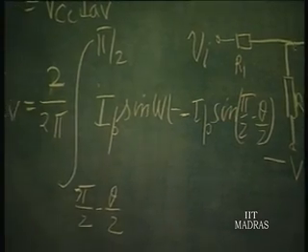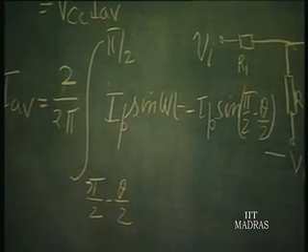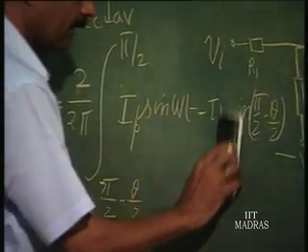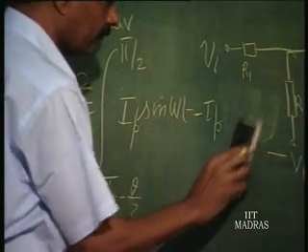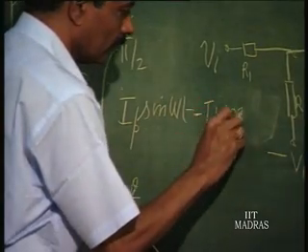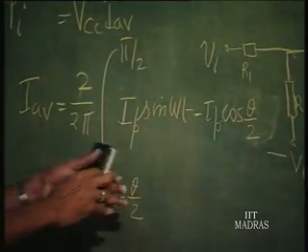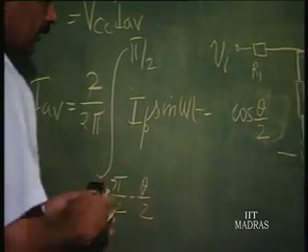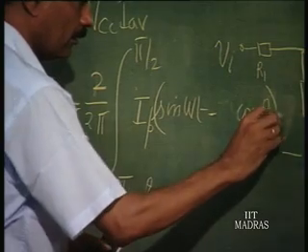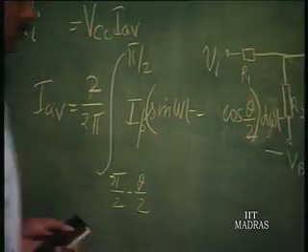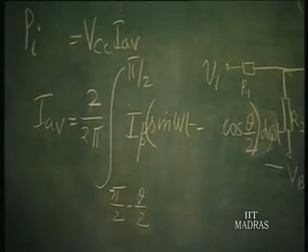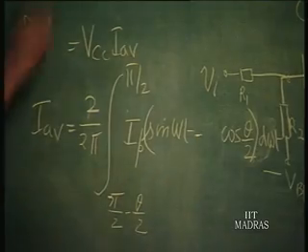Which is cos theta by 2. So, this value is simply cos theta by 2. So, essentially therefore, this is the integration. Is that clear?